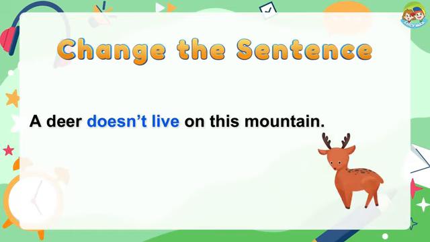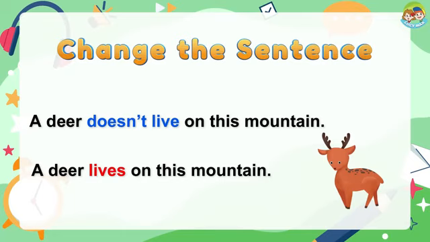A deer doesn't live on this mountain. We have one deer, so we put an S on the verb lives. The new sentence will be, a deer lives on this mountain.